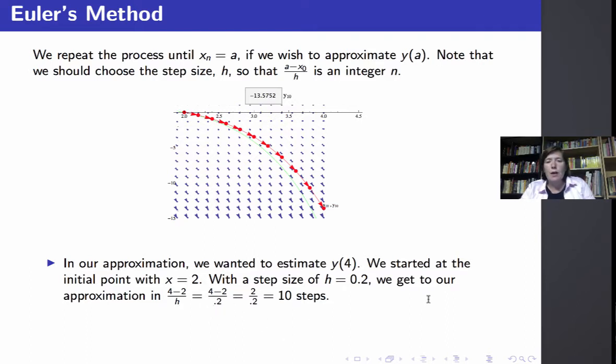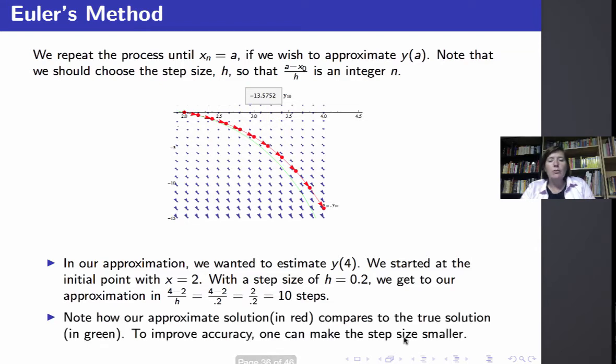So we have to apply this algorithm 10 times to approximate y of 4, and that's exactly what we're going to do. We're going to apply the algebra without bothering with the picture.